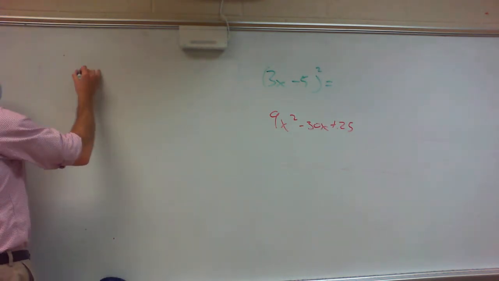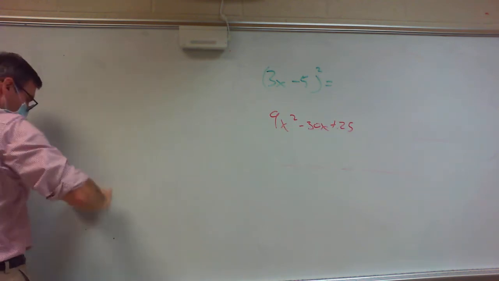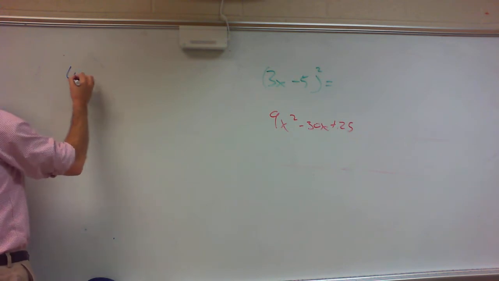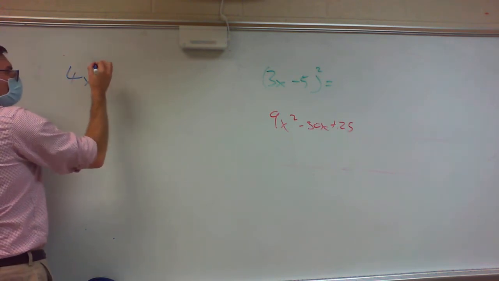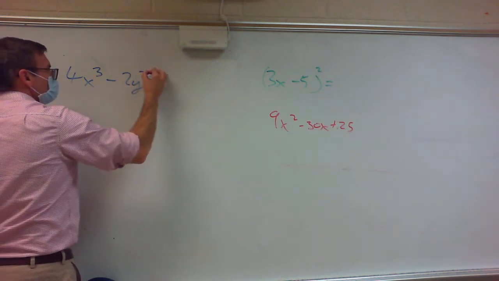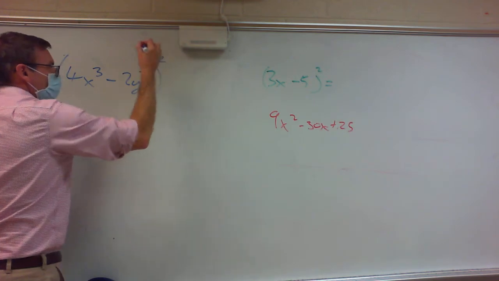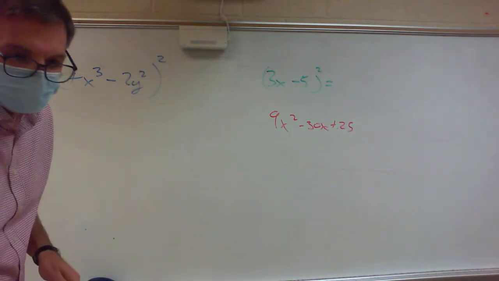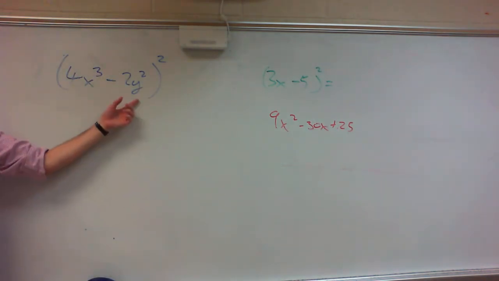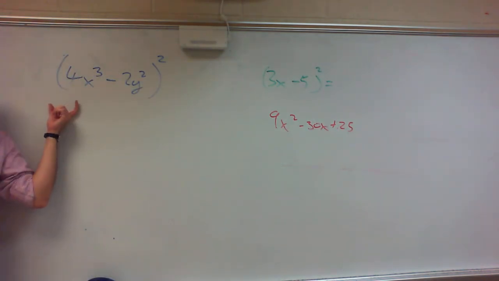What if I gave you 4x cubed minus 2y squared, squared? So, when I square the first term, what do I get? 16x to the what? 16x to the 6th.